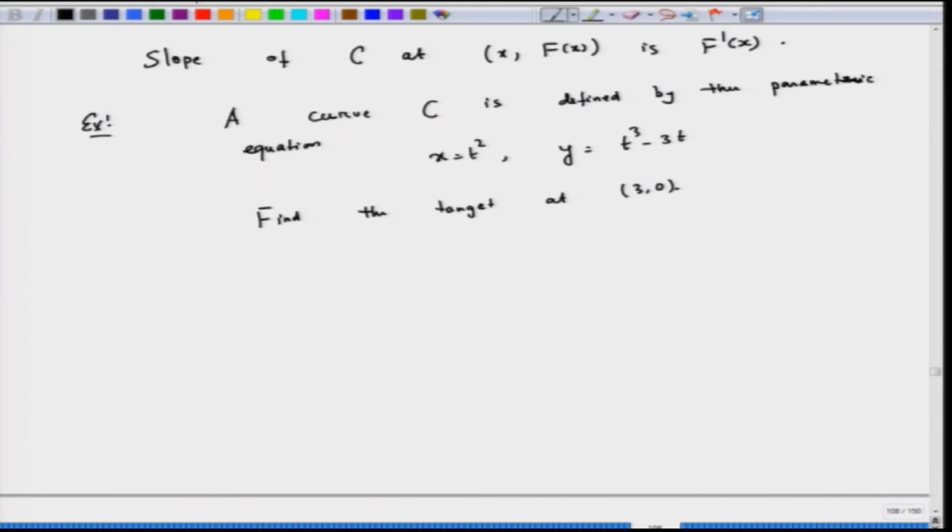Now (3, 0) means I need to find what the parameter values are. This is the point (3, 0).